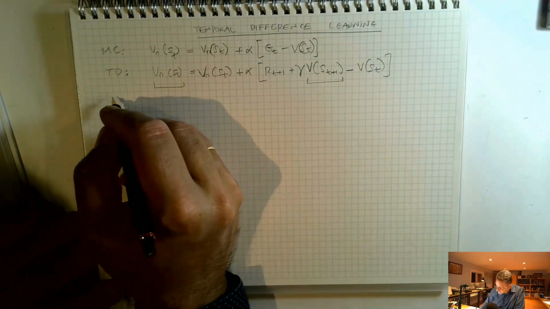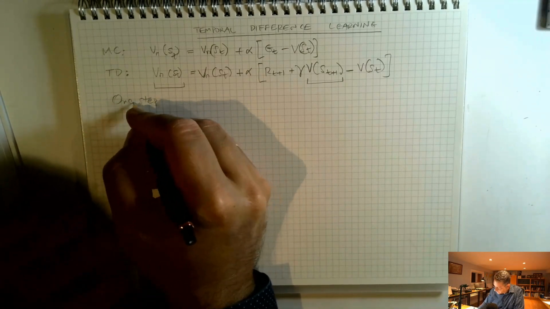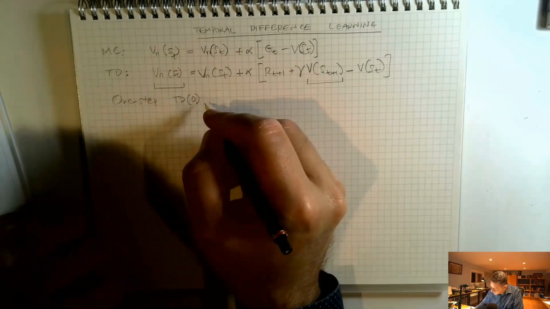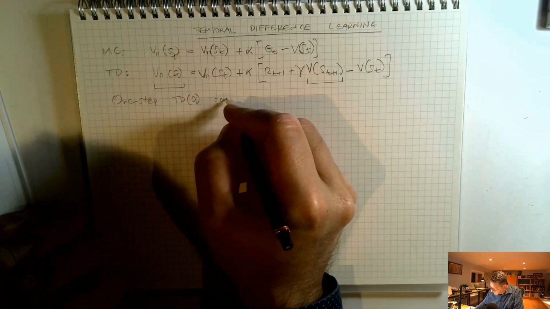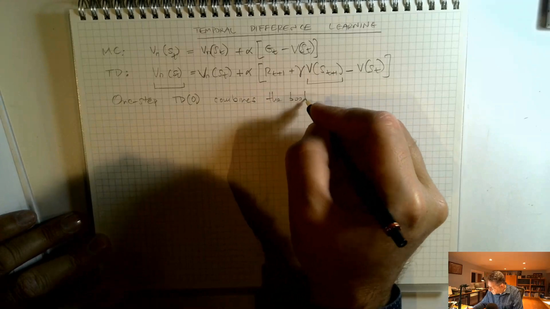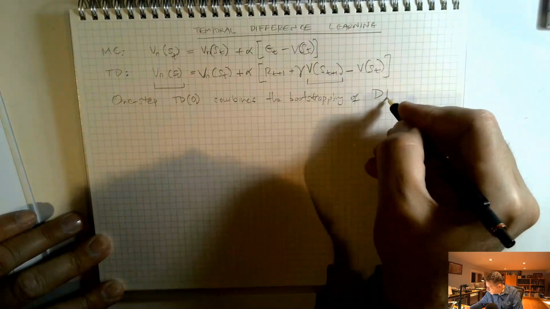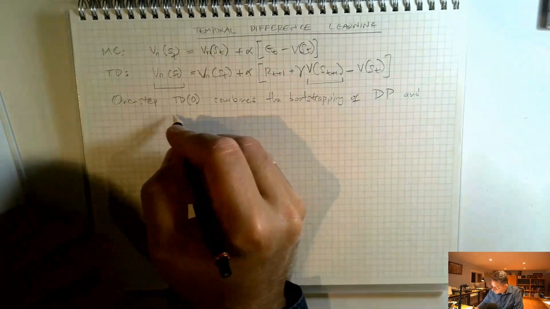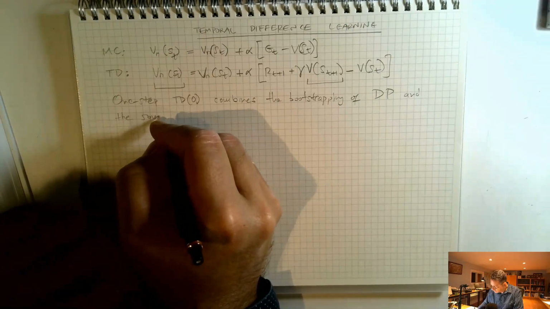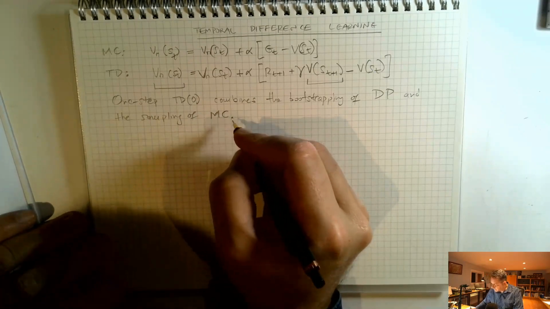Let me write this down. The so-called one step, more specifically, we'll refer to this as TD0 temporal difference methods, combines the bootstrapping of dynamic programming and the sampling of Monte Carlo.